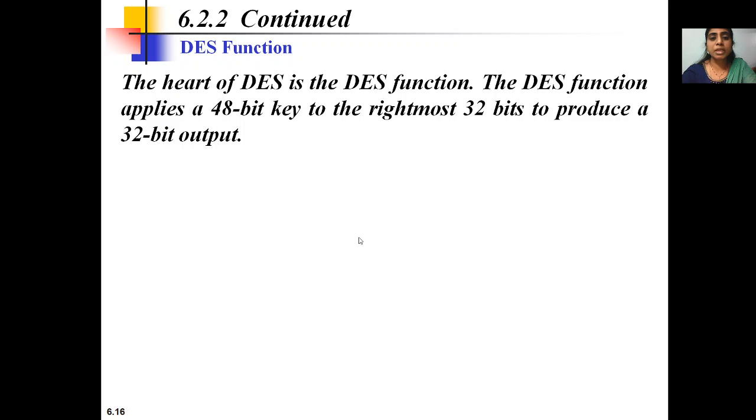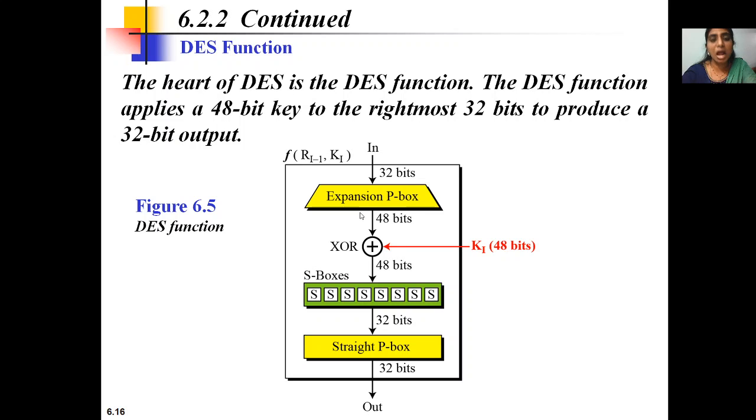Coming to the DES function, the round function becomes the heart of DES. How this DES function works is that we take the 48-bit key and the rightmost 32 bits will produce the output.